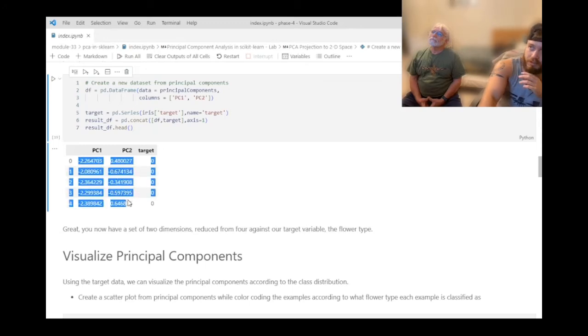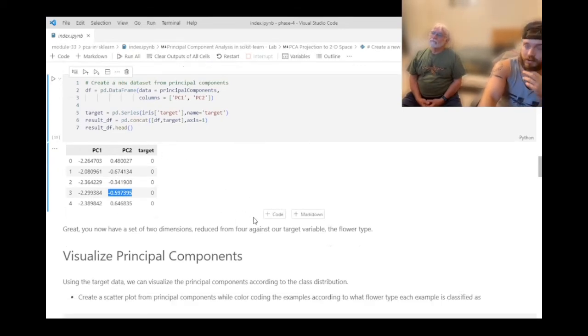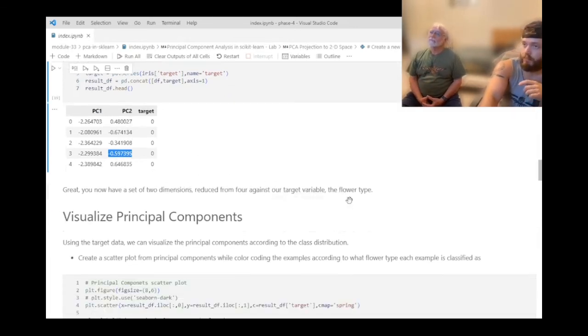These numbers are completely different, and to a human or even to a computer, any one of these numbers is pretty meaningless. But this data frame could be reprojected back to the original data frame. That's your proof that it represents the same information, because you can reverse engineer it. Mm-hmm. Okay.